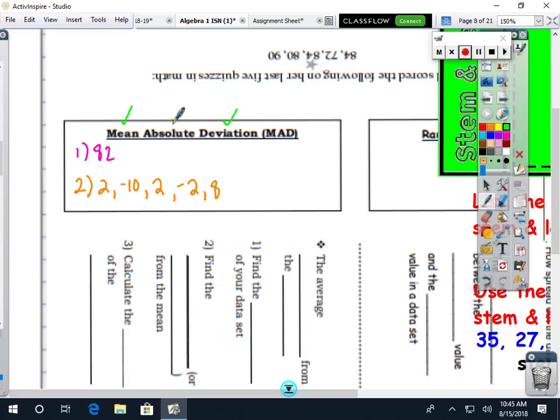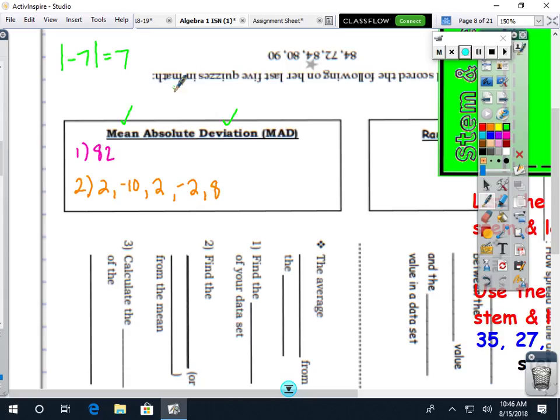Well, the absolute part. What is the absolute value of a negative 7? 7. Doesn't the absolute value just turn any number from negative to positive? Or if it's already positive, it stays positive. Absolute value will always just be positive. Because absolute value is distance, and can you go a negative distance? No. Okay, anytime you go distance, it's always positive.